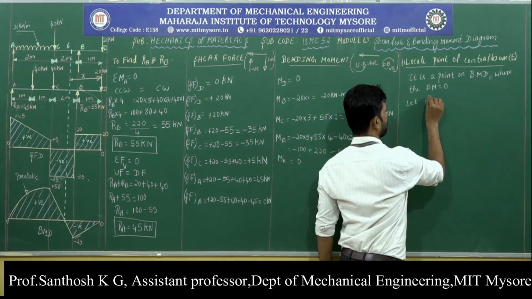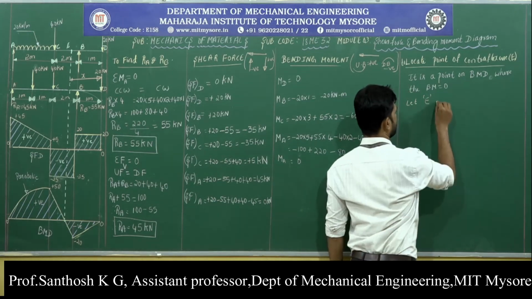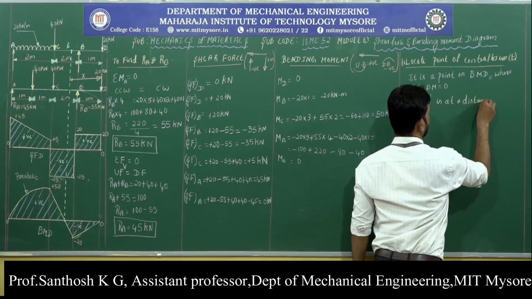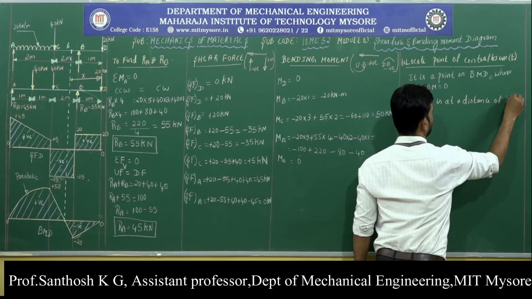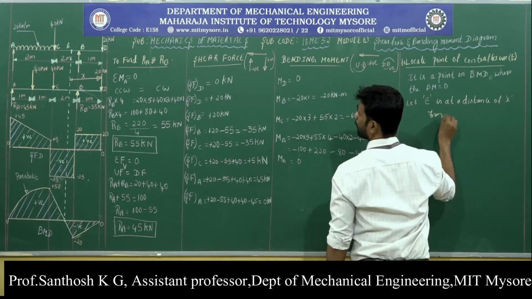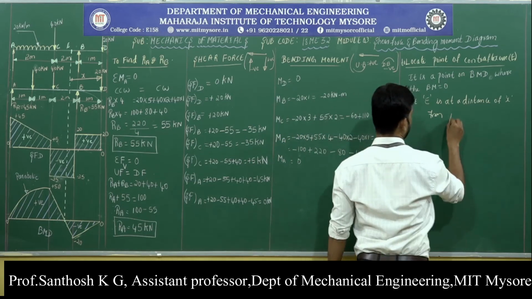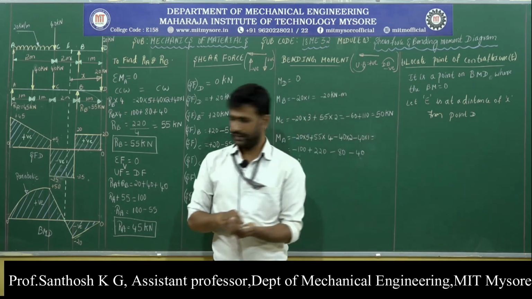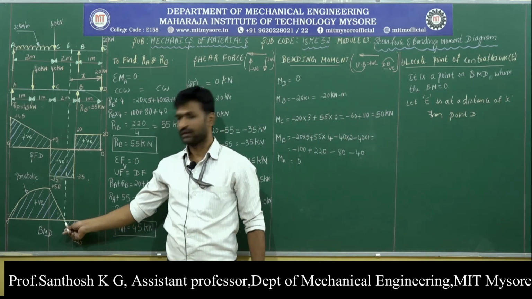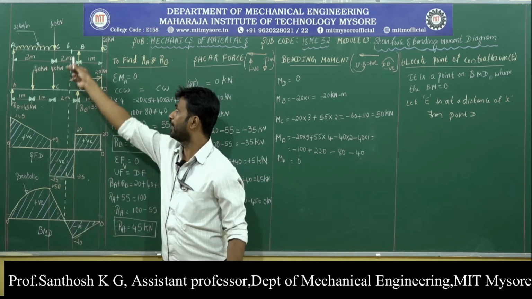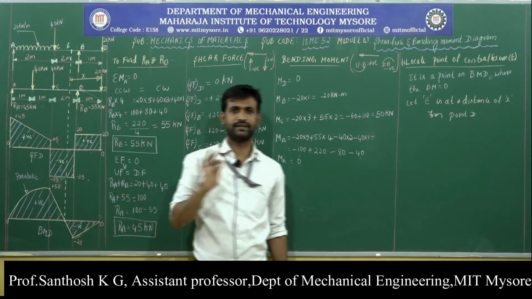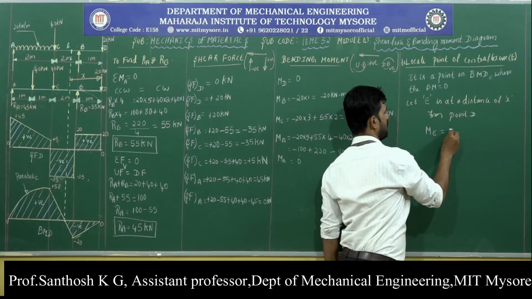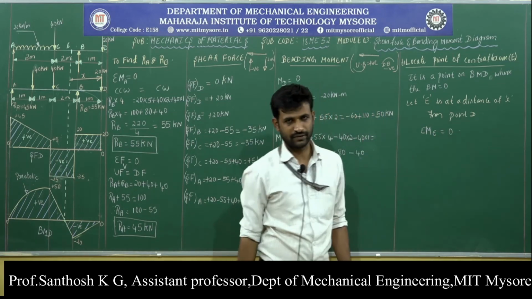Let point of contraflexure E be at a distance of x from point D. From the bending moment diagram, we can see that the bending moment value at point E is 0.